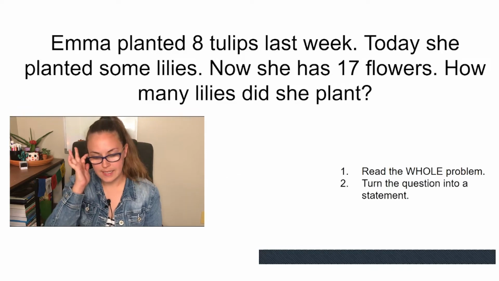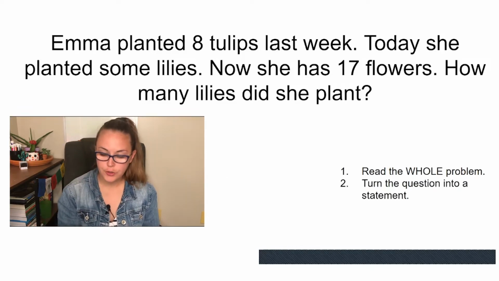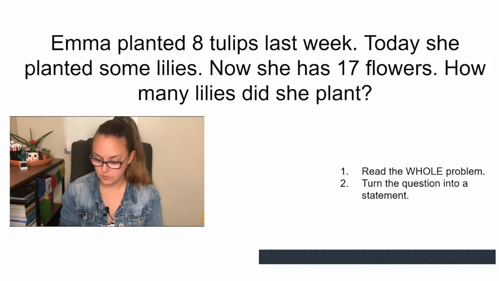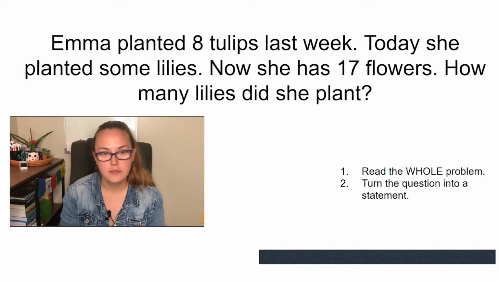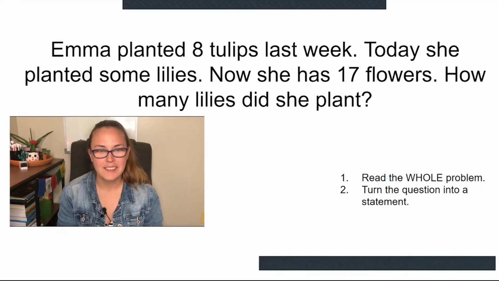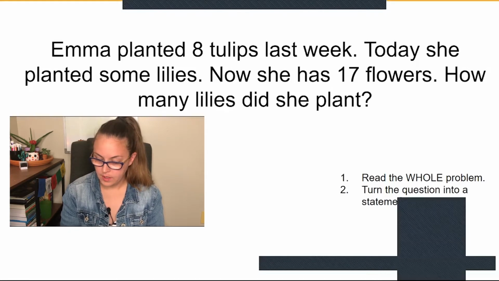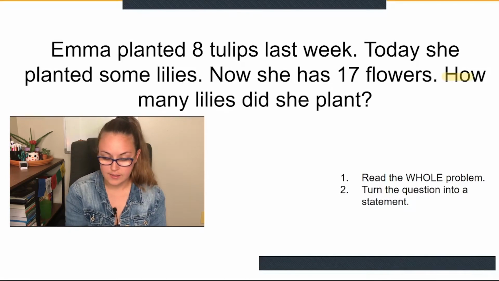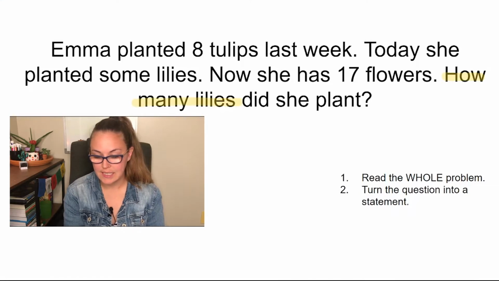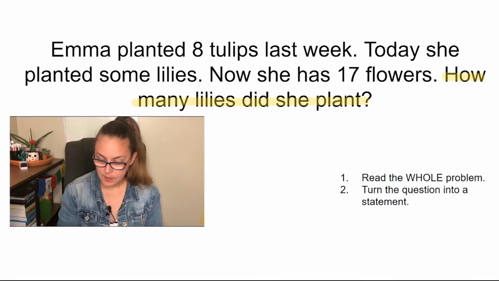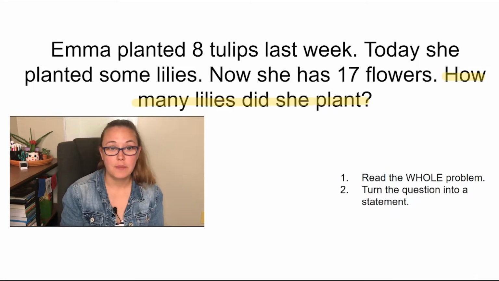So our next step is to turn the question into a statement. Can you find the question on your screen? What are you being asked to calculate? All right, that's right. You're being asked how many lilies did she plant? So the next step is to take that question and make it a statement.